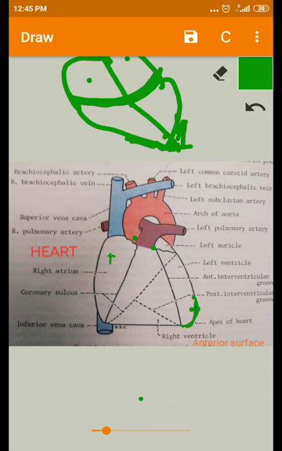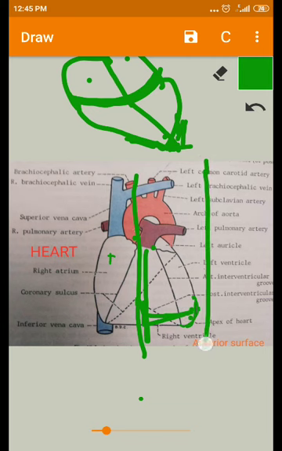It is situated in the left fifth intercostal space, 3.5 inches lateral to the mid-sternal line, just medial to the mid-clavicular line. This is about the apex of the heart.